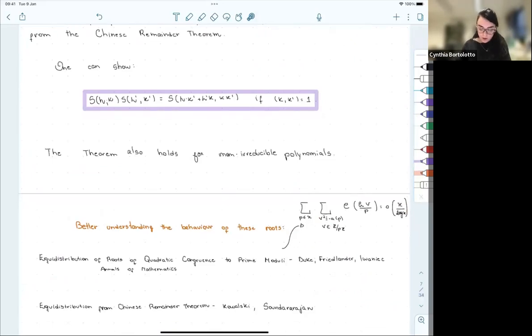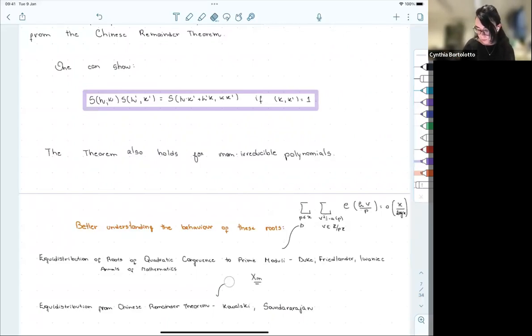And there is some other work of Kowalski and Soundararajan, which is quite recent. They proved that we have some equidistribution from the Chinese remainder theorem. So now we don't necessarily need to consider roots of an irreducible polynomial; we have some sets X_n that are not necessarily, for each n, roots of a polynomial, but they do satisfy some property involving the Chinese remainder theorem.